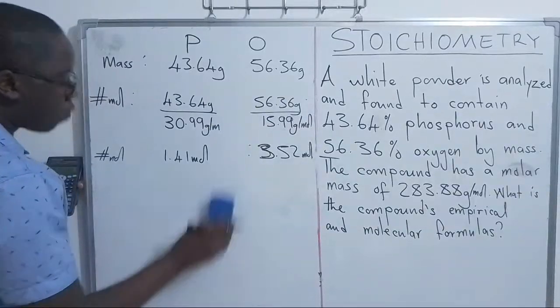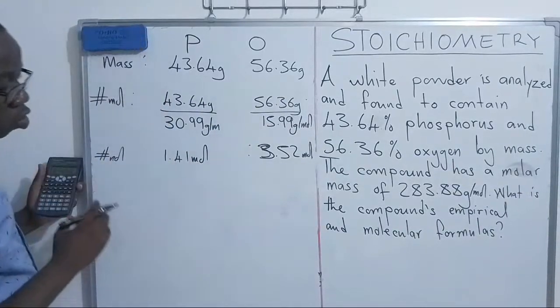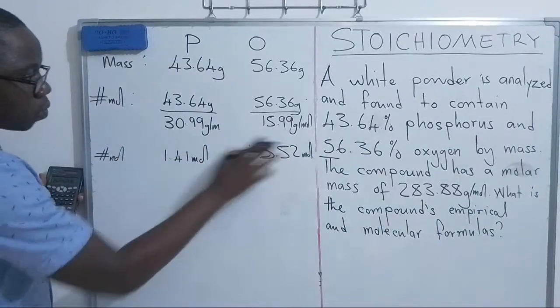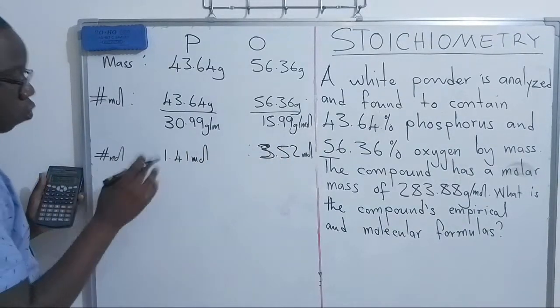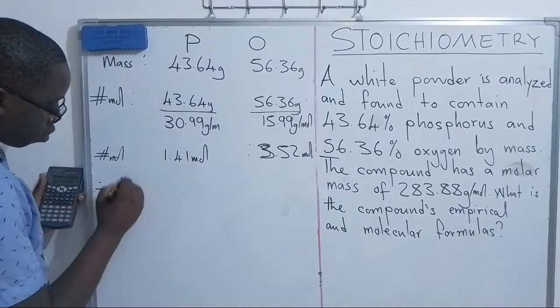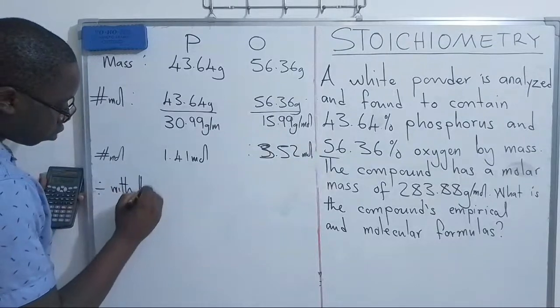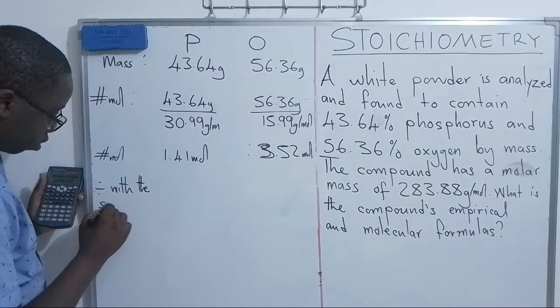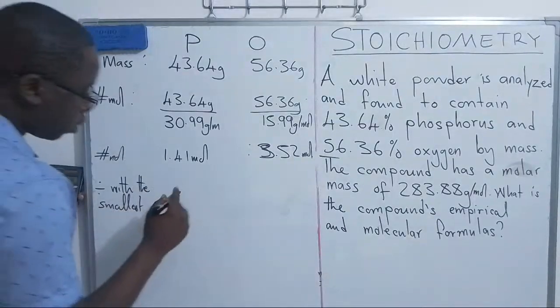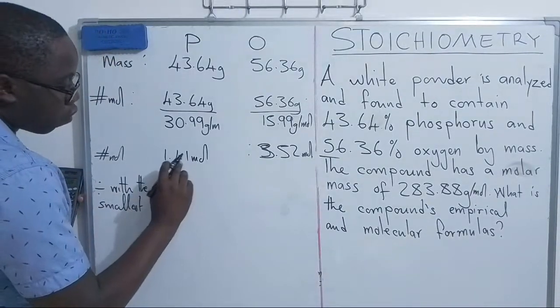After you have the number of moles, we can find the ratios between the two by dividing with the smallest. The smallest here is 1.41.